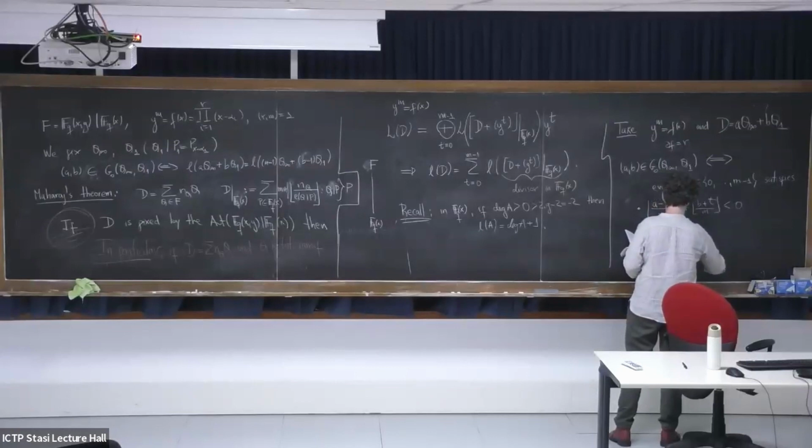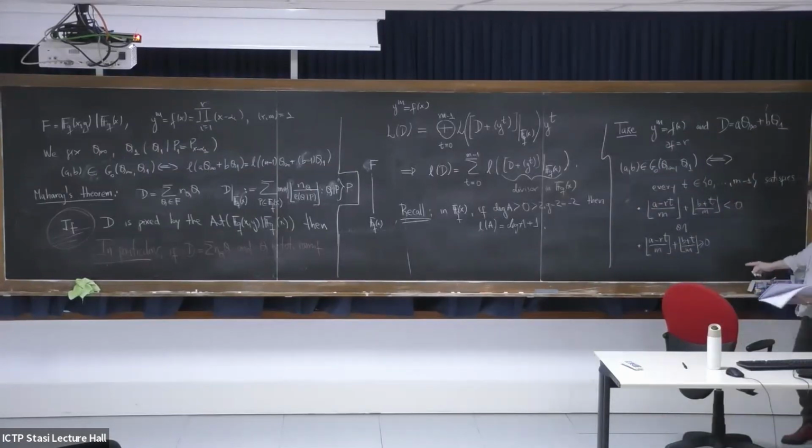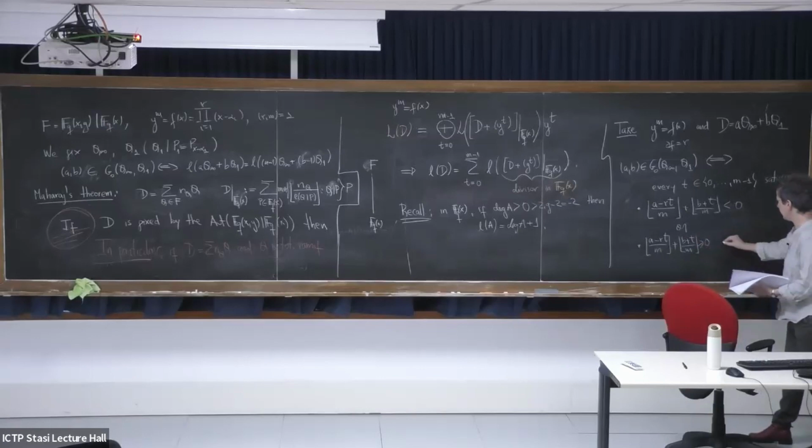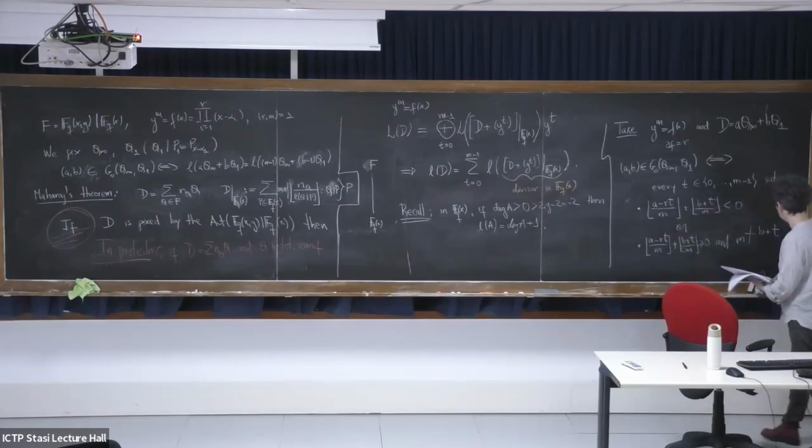And in the case that it's positive, we need something else. So we need this is positive, and the condition is that M does not divide B plus T. M does not divide this, and M does not divide this.